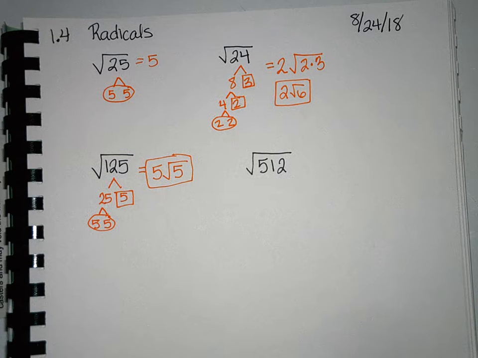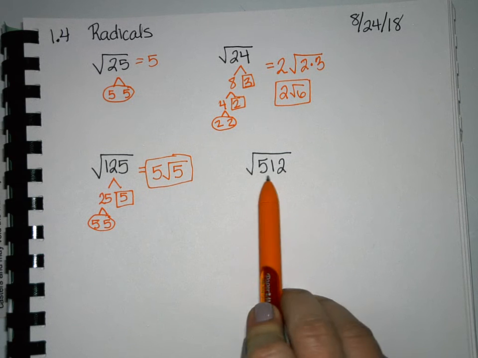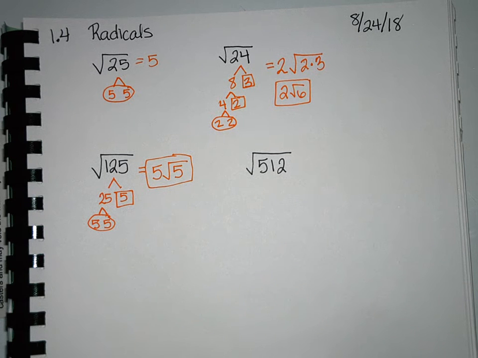If it ends in a 0, 2, 4, or 6, we know that we can do 2 times something to get to it. If all of your digits, so 5 plus 1 plus 2, add together and we can divide that number by 3, we can divide the whole number by 3. If the last 2 digits are divisible by 4, then the 4 will go into the whole thing.